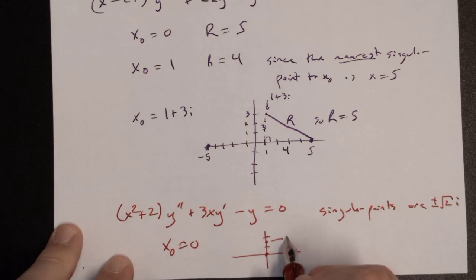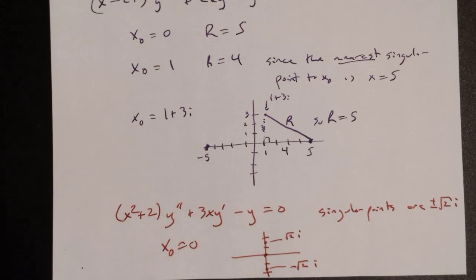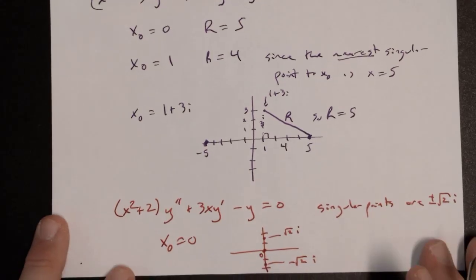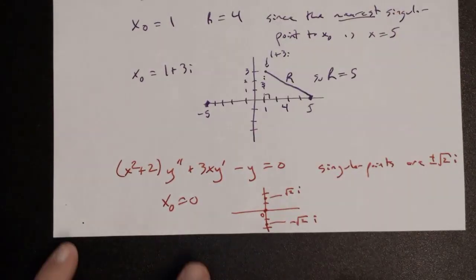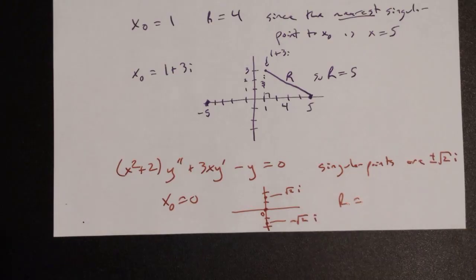Square root of 2i is going to be here. Negative square root of 2i is going to be down there. But the radius from the ordinary point 0 is going to be, almost, I'm only looking at distance. Distance is always real. So, exactly.